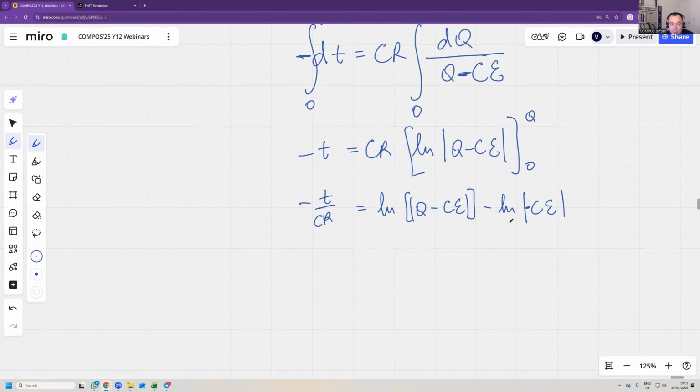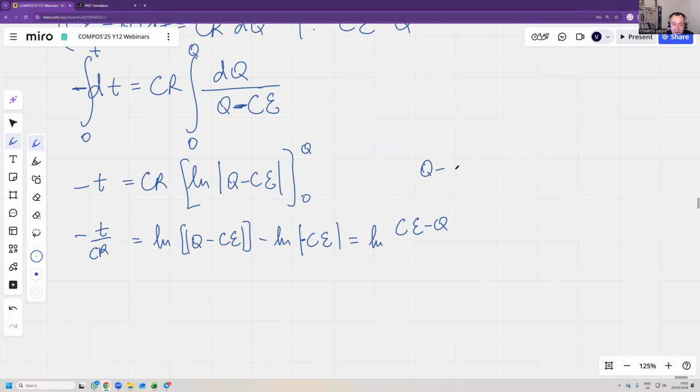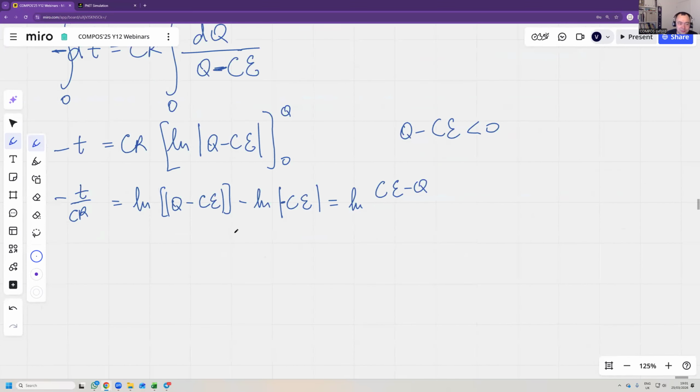Minus obviously goes away. And here, Q is changing from 0 and the maximum value of Q is 0. So this is a negative value. So it's a logarithm of C EMF minus Q, right? Because Q minus C EMF is less than 0. So actually, when I took out the 0, I shouldn't have done that. I've messed the whole thing up. Doesn't matter. C over C EMF.